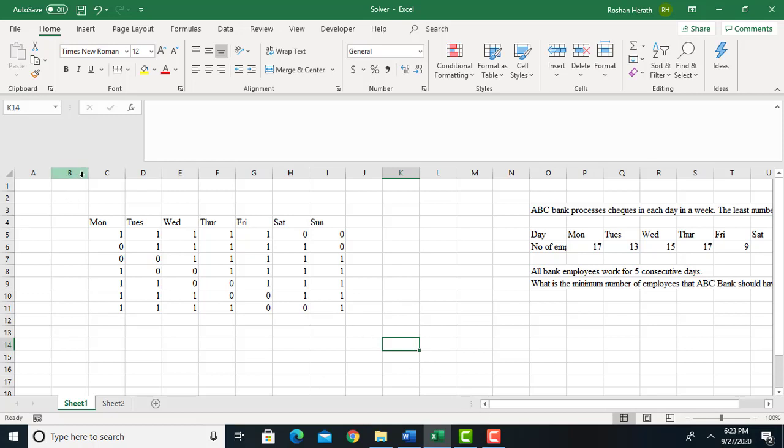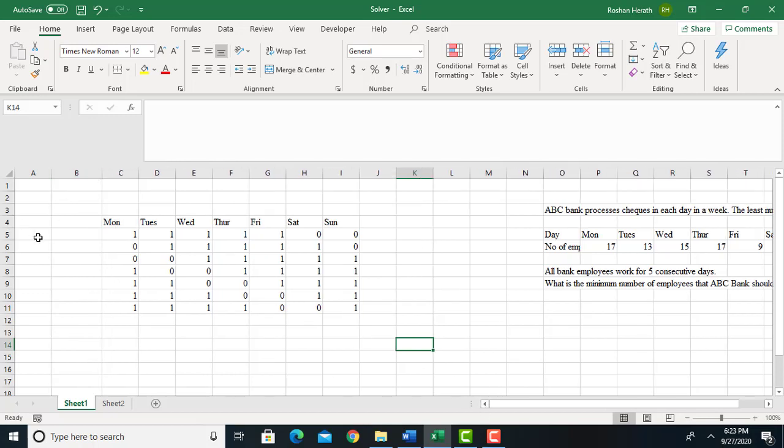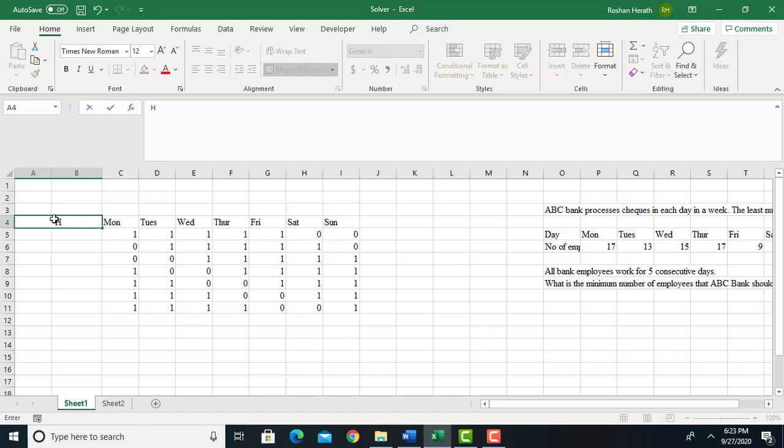Now we may agree or we may get how many number of employees would start their work on Monday.